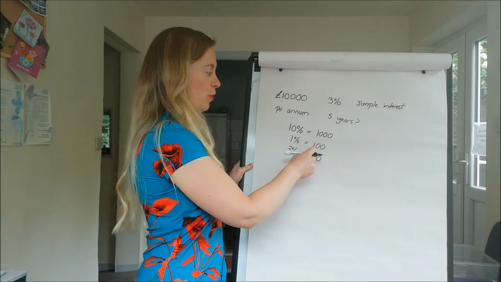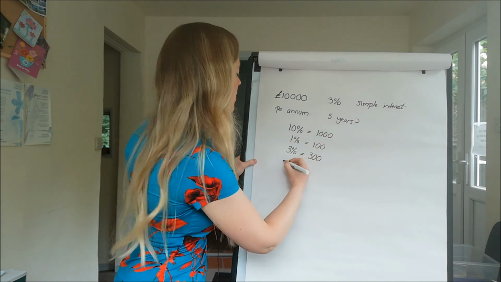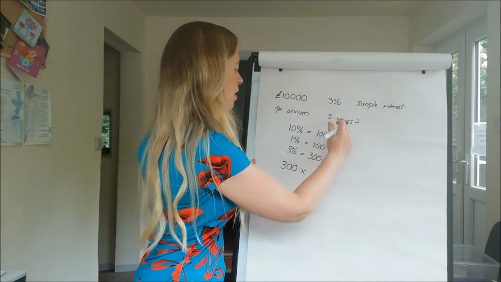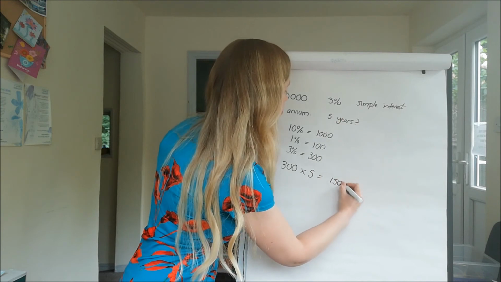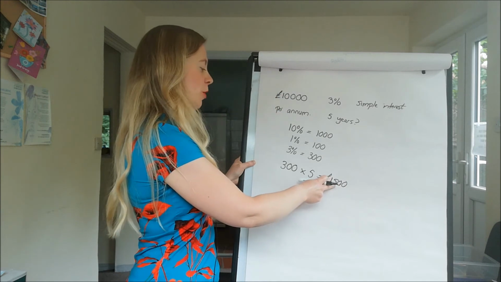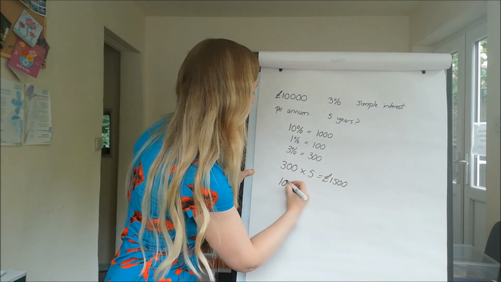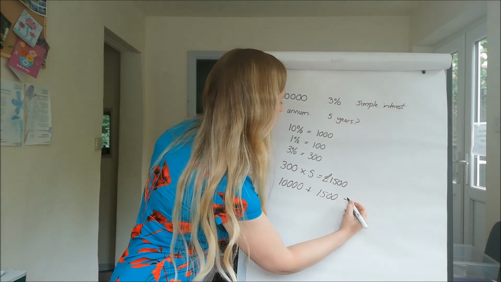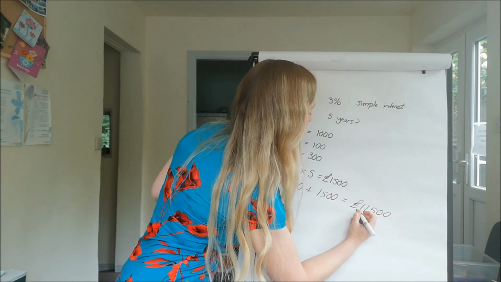So all we would do now is the mistake that people make when they're trying to do compound interest. All we would do now is times 300 by the 5 years, which would give us £1,500. And that £1,500 would then get added onto that £10,000 to give us £11,500.